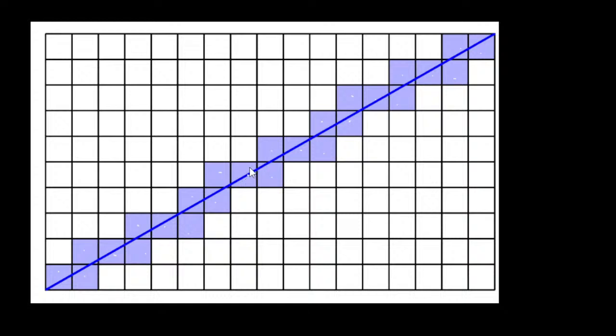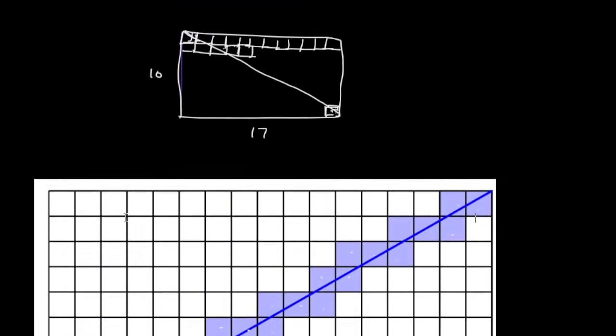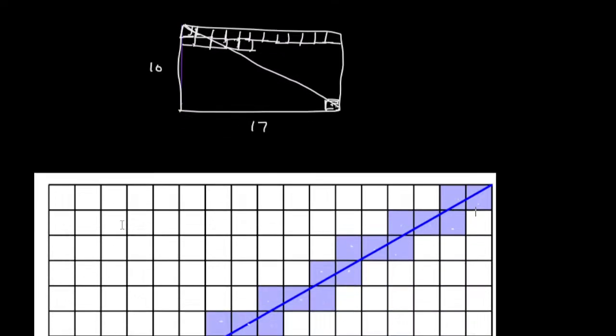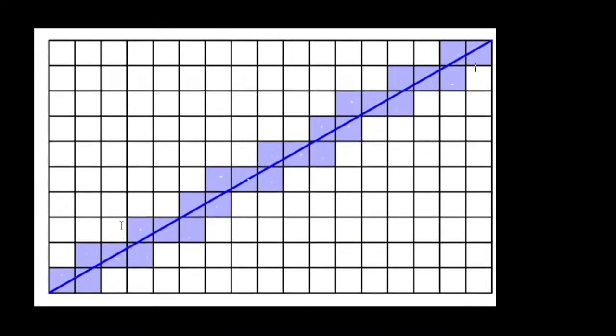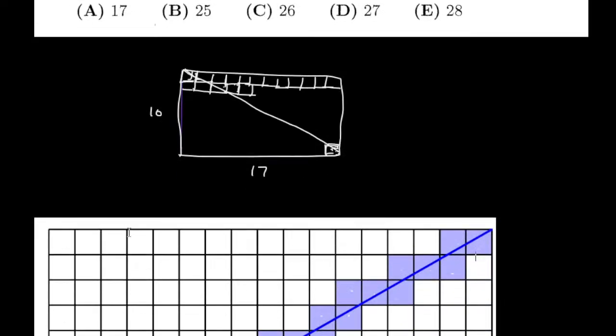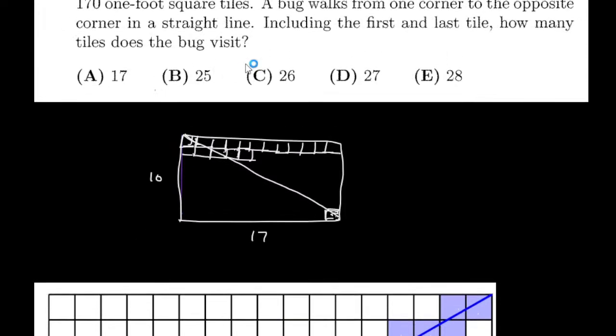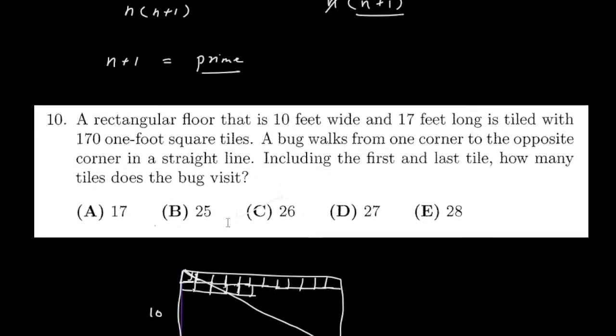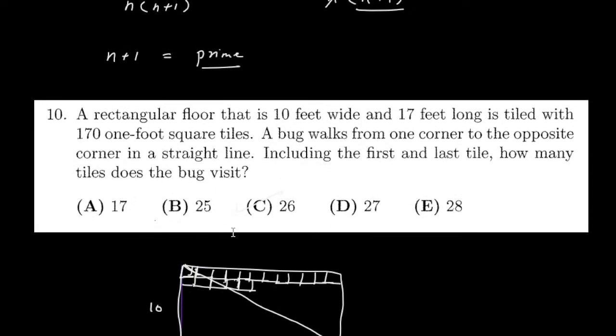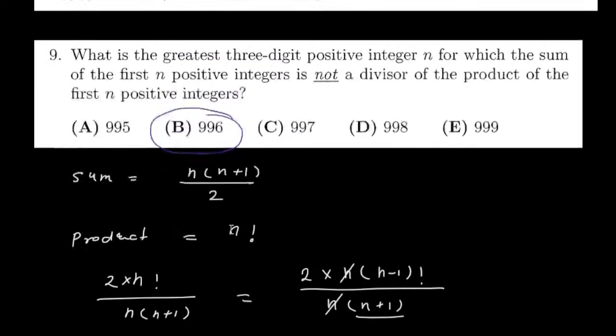So a total of 26 boxes are crossed. If you find some analytical answer for this question, let me know. Otherwise, this is one of the simplest and shortest ways of solving this problem. So the total is 26 boxes crossed when the bug moves from one corner to the opposite corner.